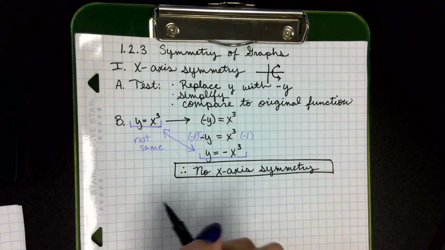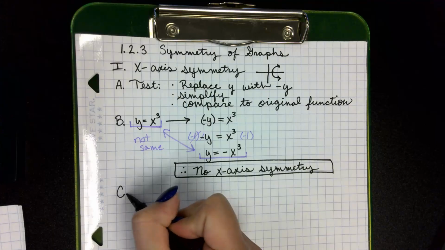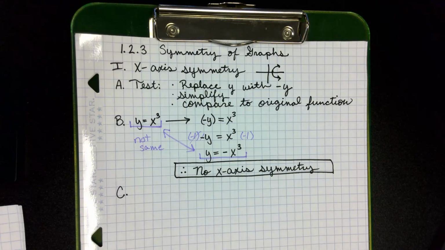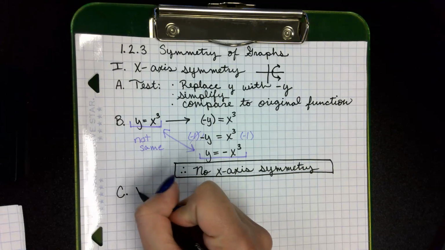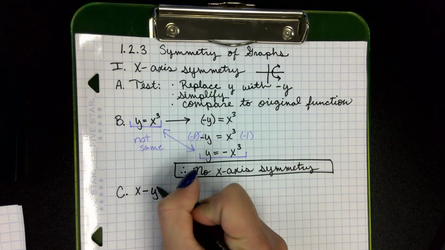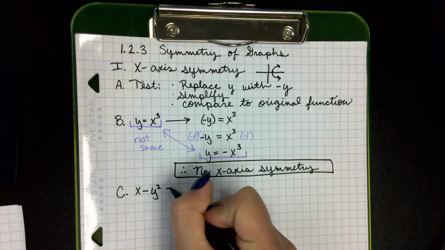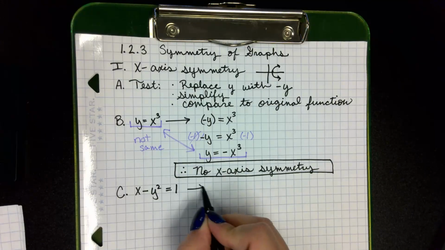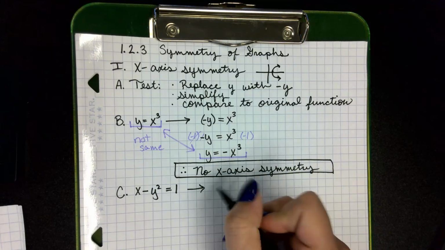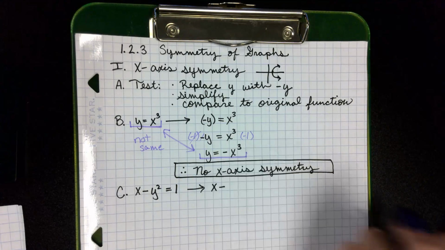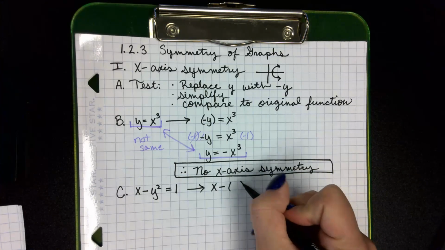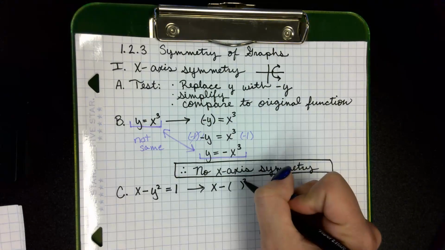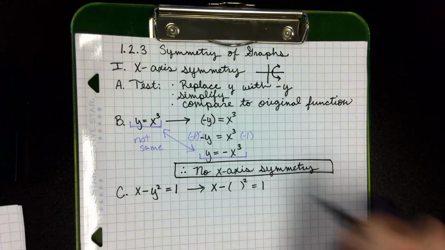So let's do one more example for x-axis symmetry. This time I'm going to do x minus y squared equals 1. I'm testing this for x-axis symmetry, so I have x minus, there's a y, so I'm going to put a blank set of parentheses, squared, equals 1.